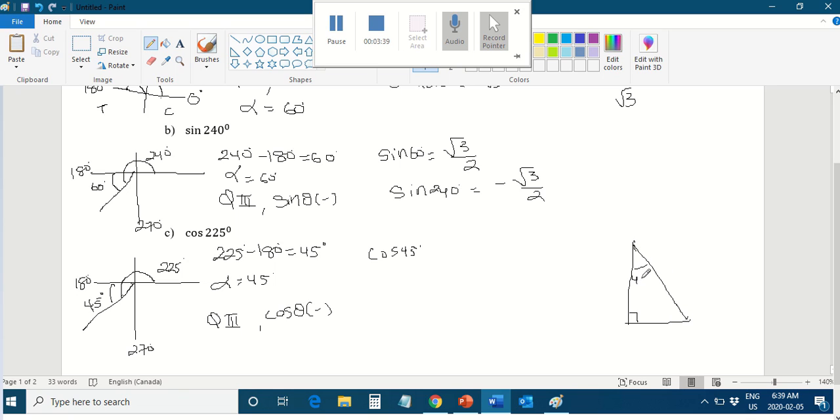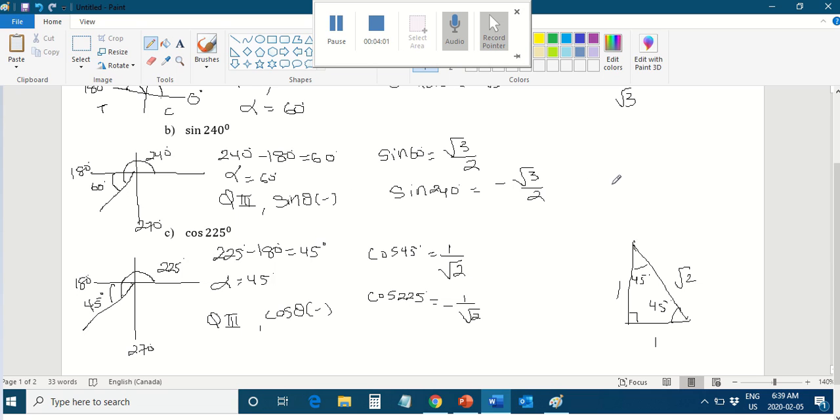So let's say this is 45 degrees, this is 45 degrees, it's 1, 1, root 2. So sine 45 and cos 45 are both 1 over root 2. Now we have cos 45, so cos 225 degrees will be the same number, and because it's negative in the third quadrant, it will just have a negative sign.